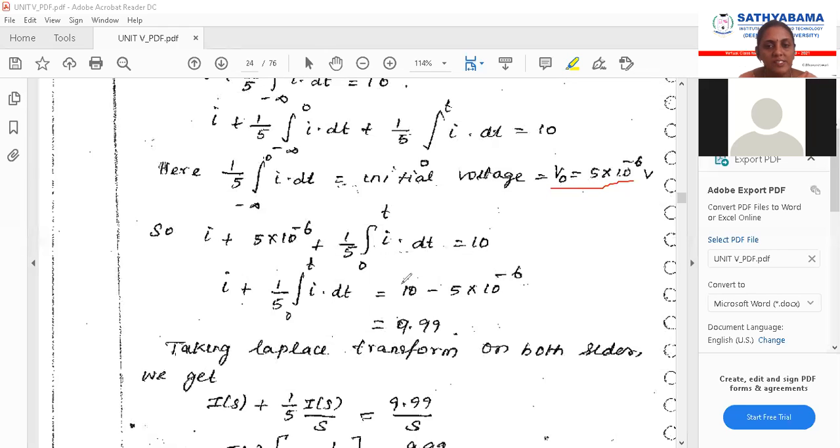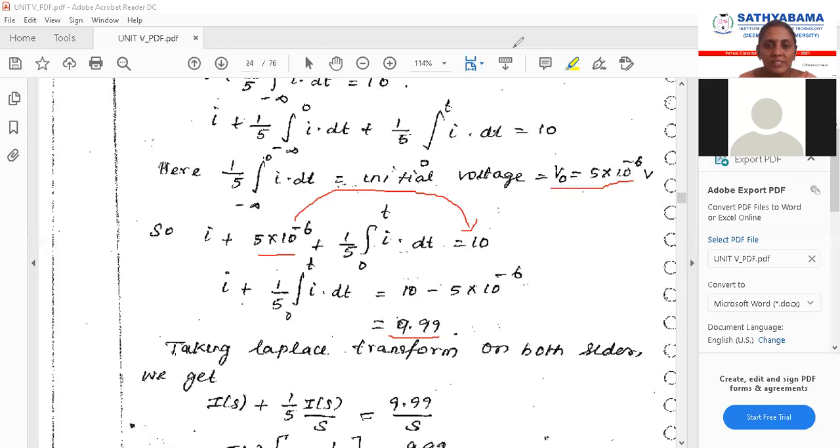We are substituting the resistance and voltage, all the values. So this will be simplified like this. This 5 into 10 power minus 6, I am taking it to the other side. So this will be reduced to 9.99. So I plus 1 by 5 integral of 0 to t I dt is equal to 9.99.